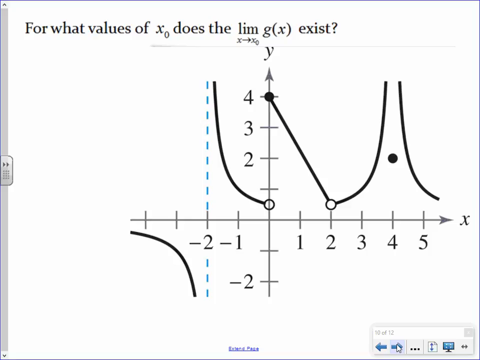Okay, you could describe this as what? Approaching without a bound. Pod 1, anywhere else? 4. Here again, we're approaching 4 without bound. F of 4 exists, but the limit does not exist.